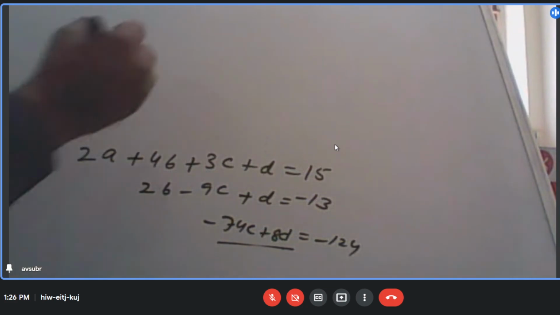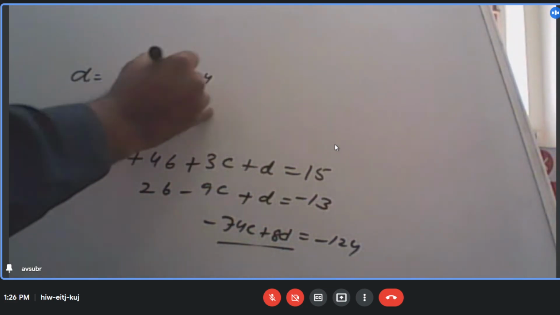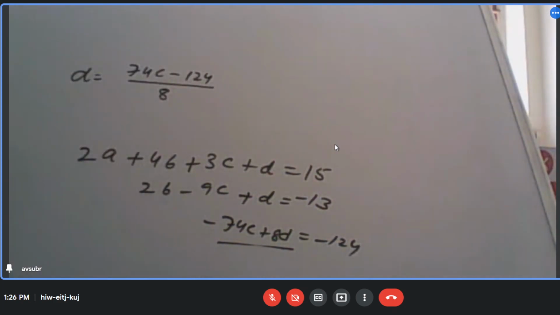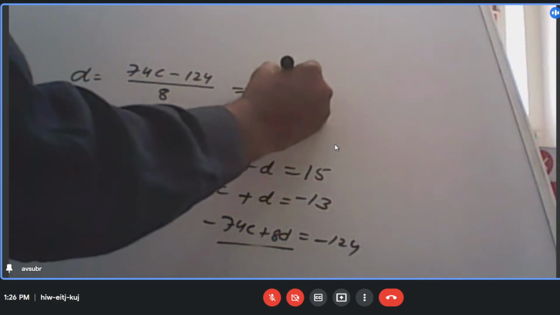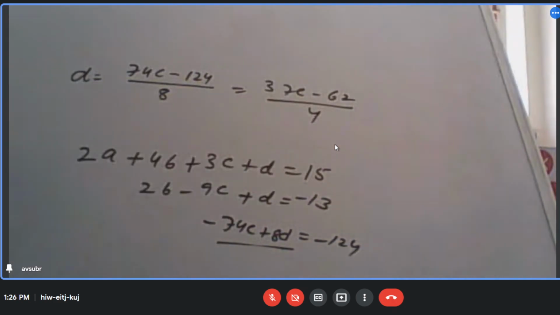So D is equal to 74C minus 124 by 8, जिसको हम ऐसे भी लिख सकते हैं 37C minus 62 by 4. We have divided it by 2.